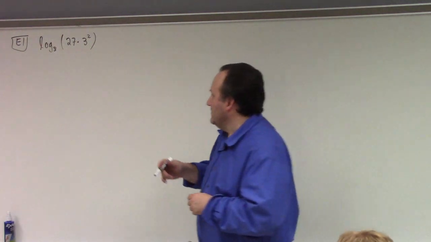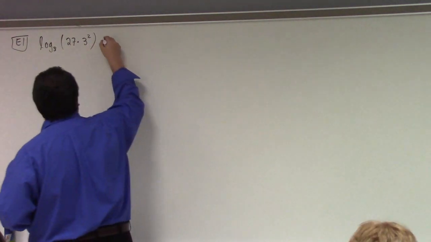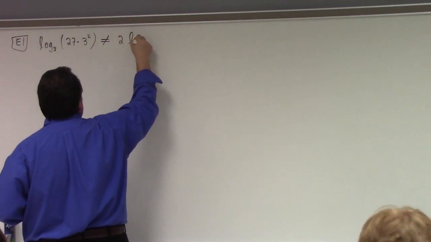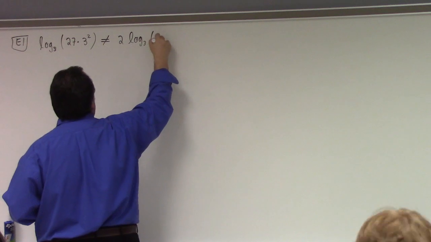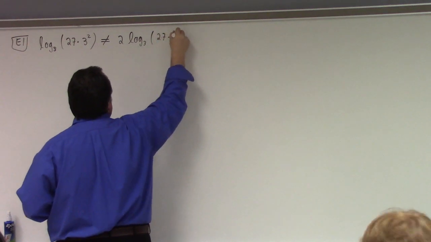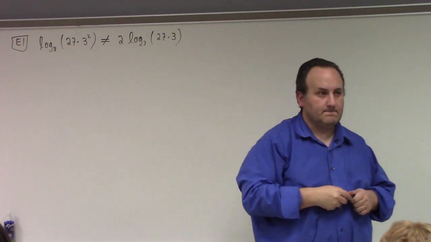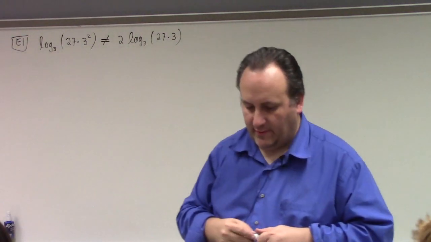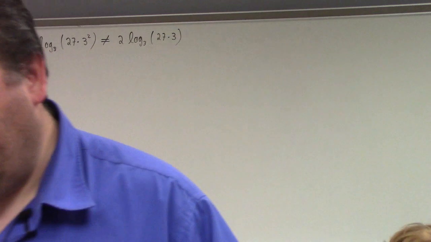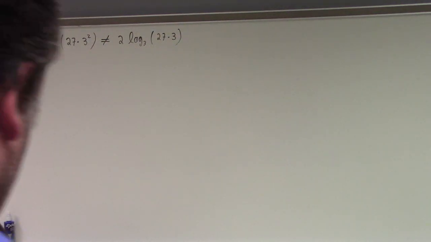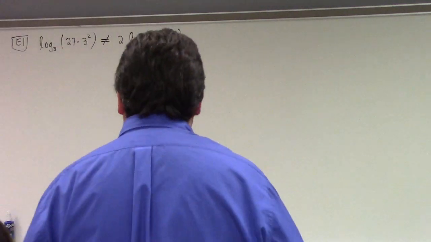What I cannot do is to say that it's equal to 2 times the log base 3 of 27 times 3. All right? What's the problem there? Why can't I pull the 2 down? What's the situation?